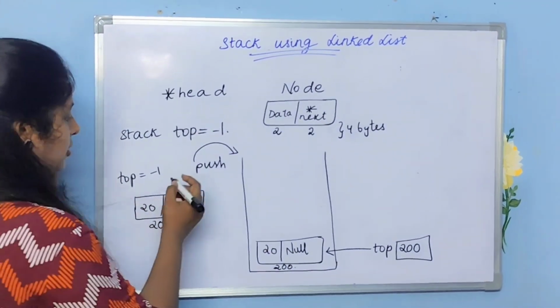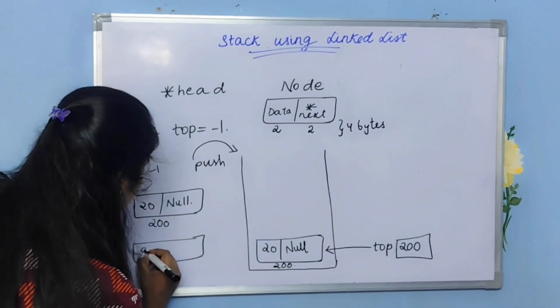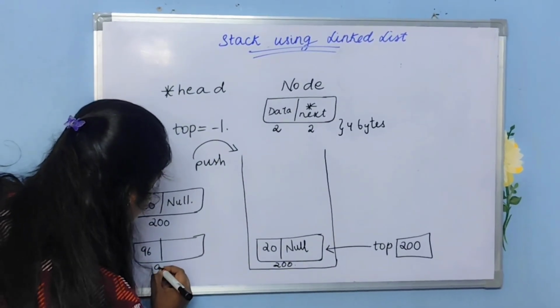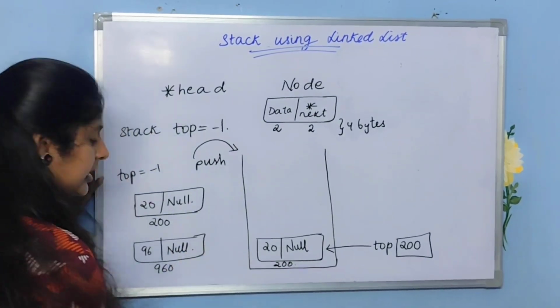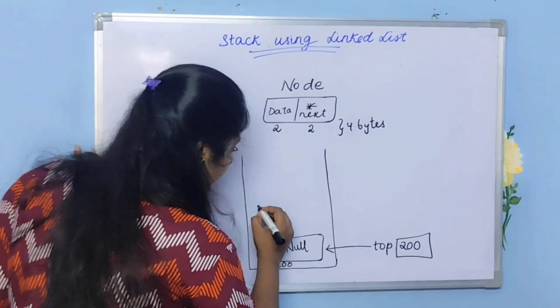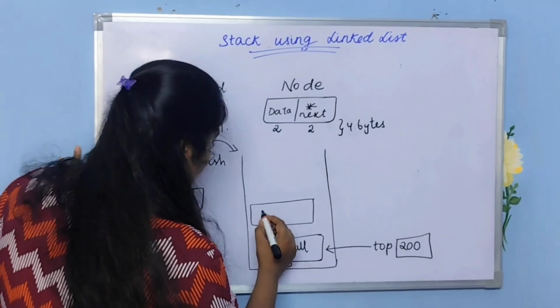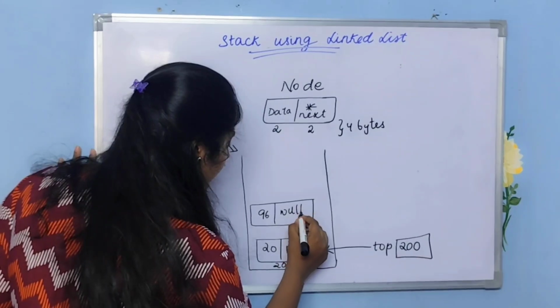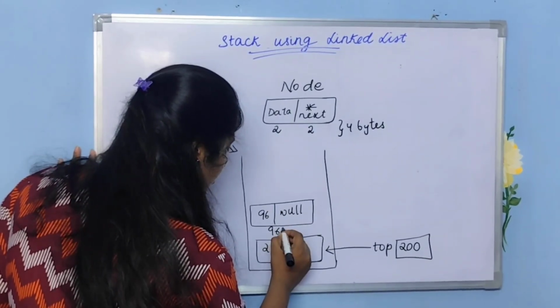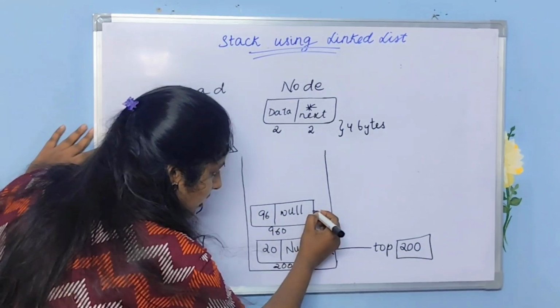Now I try to add one more element. My element is 96. It is stored at location 960 and while creation it is null. So it is 96 and we haven't connected yet. It is placed at location 960. Now what you'll do is connect this element and this element.